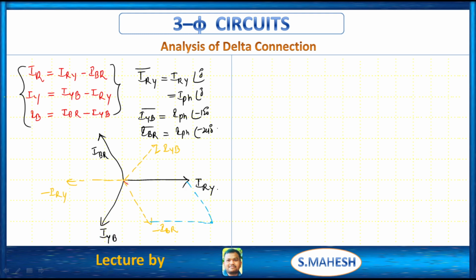So from this is what? IR, line current, right? See, what is the phase angle between this IRY, this is phase, this is line. From here to here 60 degrees. Obviously this is what? 30 degrees. See, phase current leads line current by 30 degrees.